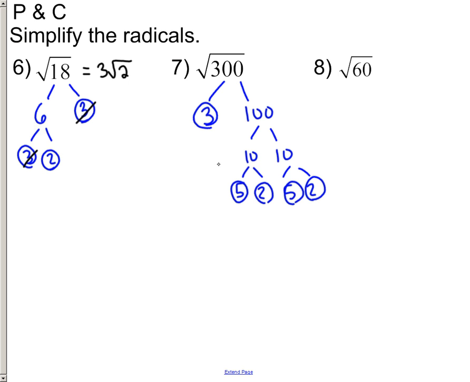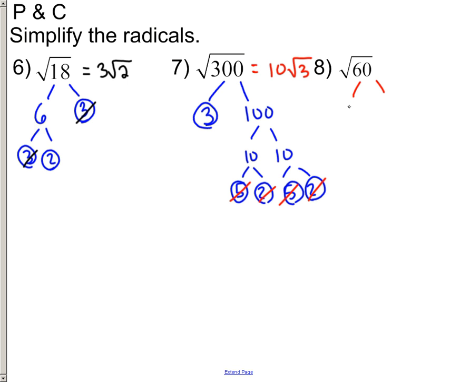You might even want to pull it down, but my writing's neat enough that I think I don't need to. That 3 has no twin, so guess what? That's going to be inside the radical sign. This 5 pairs up with this 5, so that's a 5 on the outside. And then this 2 pairs up with that 2, so that's a 2 on the outside. 5 times 2 is 10. And then we're left with the radical sign with that 3 on the inside.